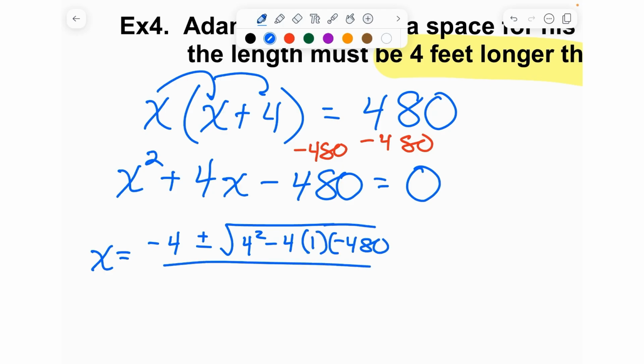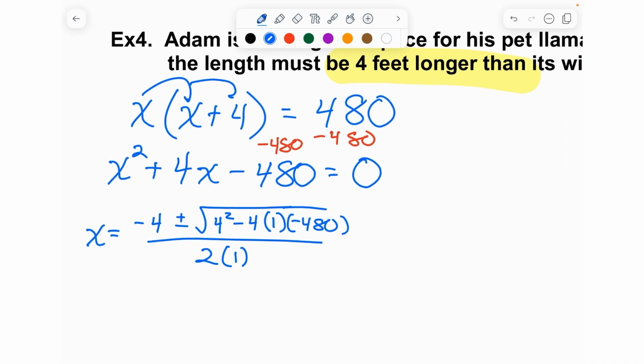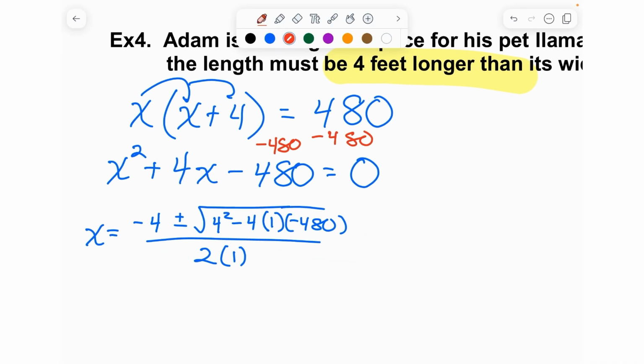So the quadratic formula is nice. It can handle strange numbers, again, something like this 480. But of course, you're still going to want to get that calculator involved, as we've said many times. Make sure that you can compute this value, 4 squared minus 4 times 1 times negative 480.